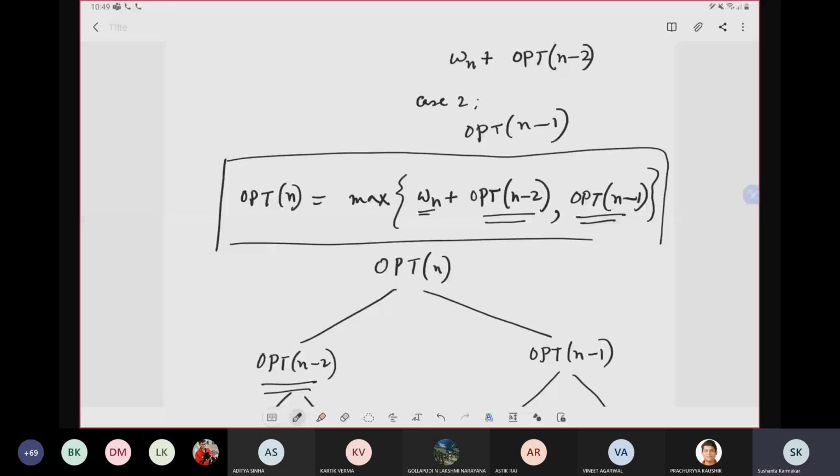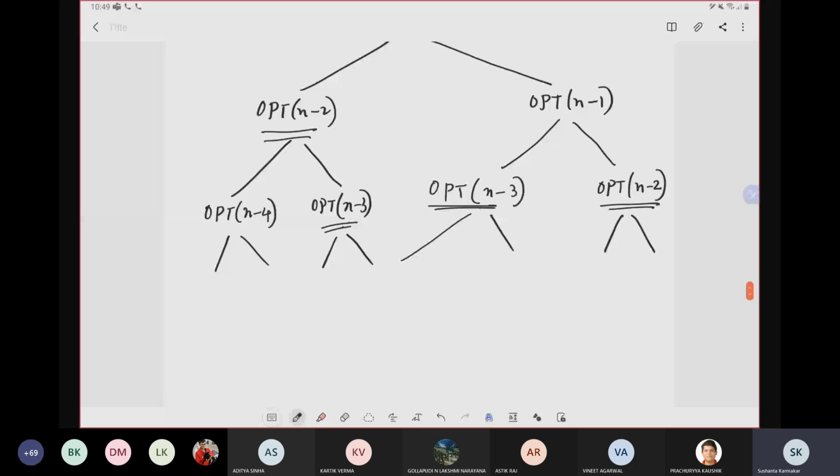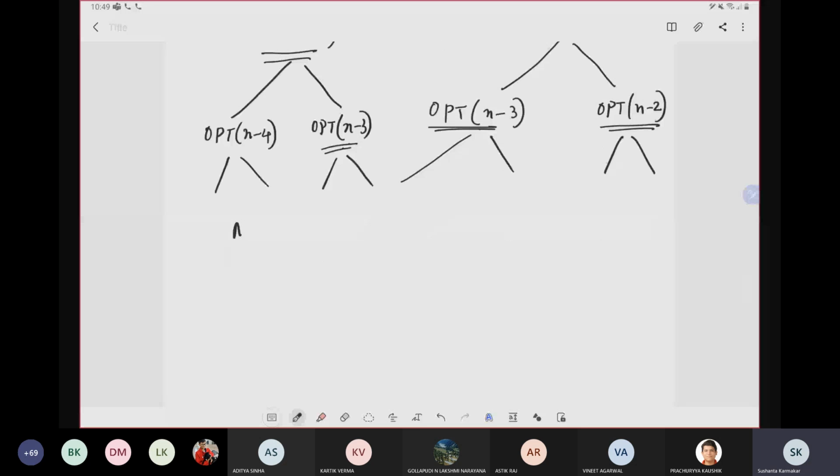But what we use, as I just told you, is that we do not repeatedly compute this redundant part. We store that in a memory location, and that is called the memoization technique.